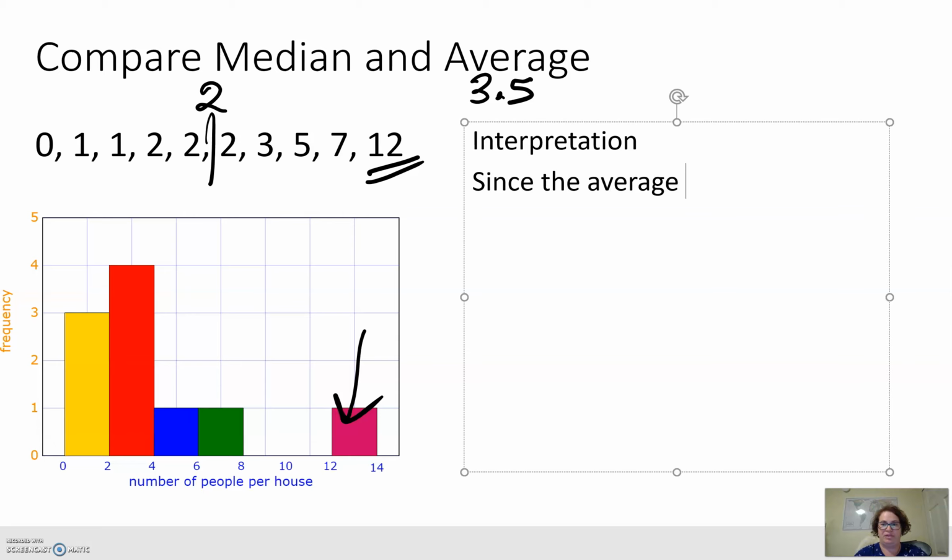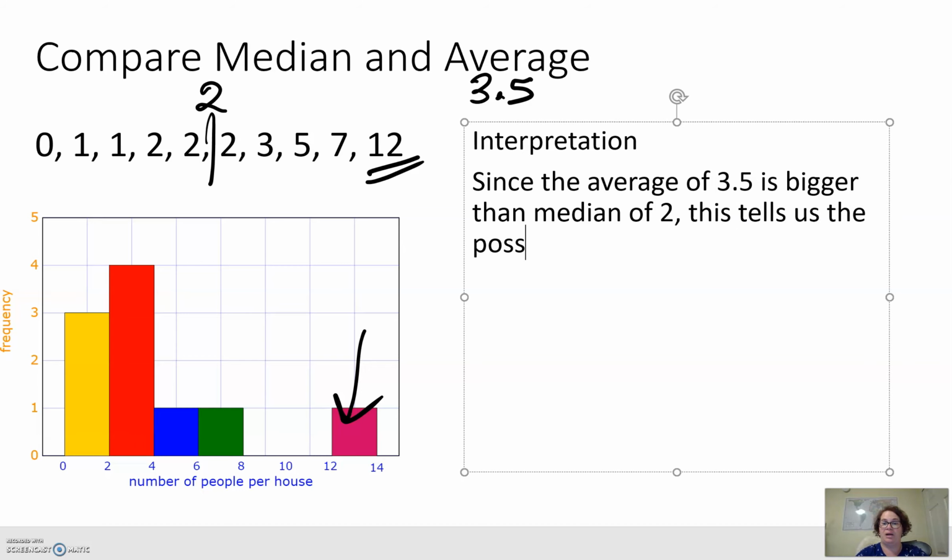Since the average of 3.5 is bigger than the median of 2, this tells us the possible direction of outliers. If there are going to be outliers, they might be on this high side, like, hey, there's maybe this weird house that's got a ton of people living in it as compared to the rest of the houses that don't have as many people.